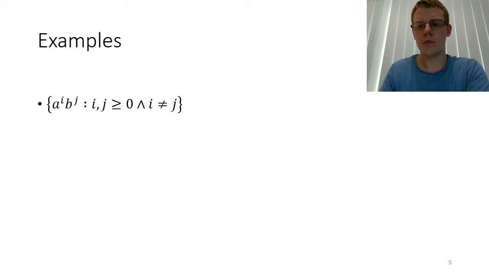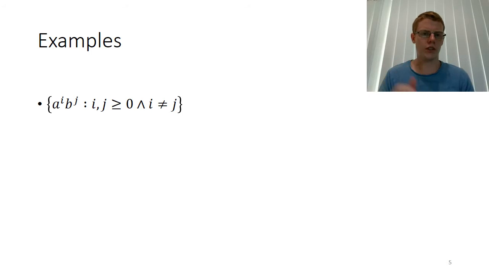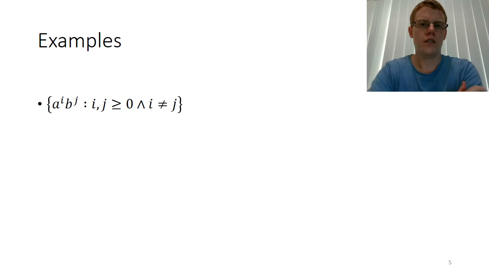Our second example, I'll just pause so you have a moment to think, but our second example is A's followed by B's, where they're not the same number of A's and B's. Now, the rule of thumb that we'll use here is the previous one, eventually, but also the idea of negating our language.